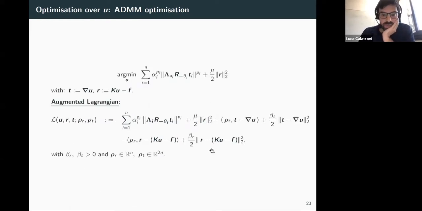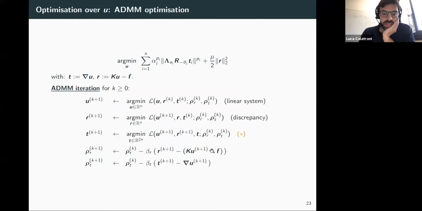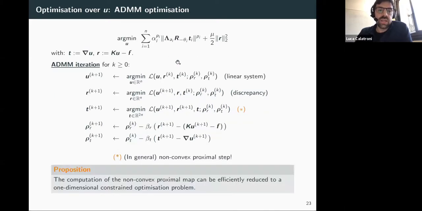So I just go a little bit quick on the details, because basically those are just the iterations, and some of them can be solved quite efficiently. Here on the minimization, the sub-problem with respect to R, you also enforce your discrepancy. What I think is maybe the most interesting one is the step involving the possibly non-convex term, which is a sort of non-convex proximal step.